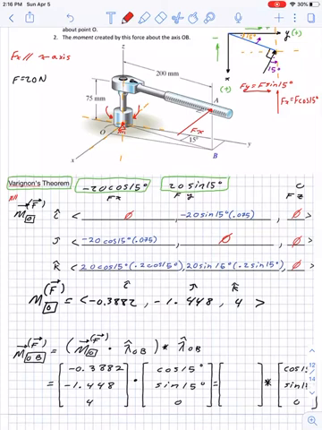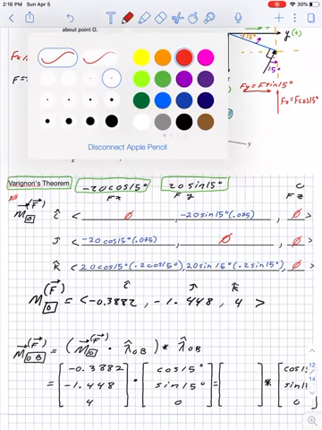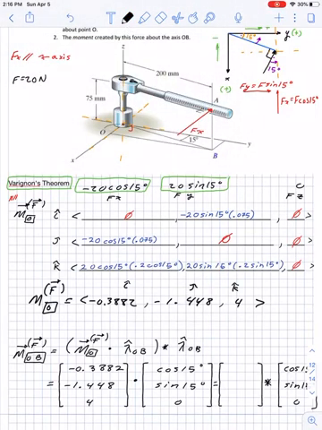And it's not able to be removed from the origin, but it could rotate. It could go this way, it could move this way, it could move this way. And imagine if we released it, it would just flip over and start hanging, right? So that's what we're doing when we're saying, what is this moment about this certain point? So that's what we need to visualize when we're using Varignon's theorem.